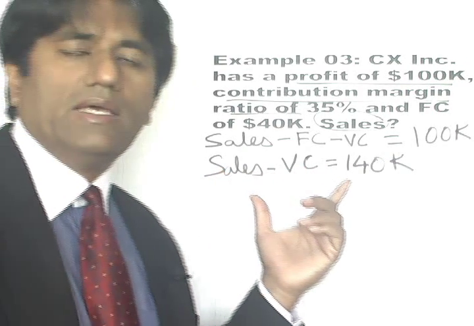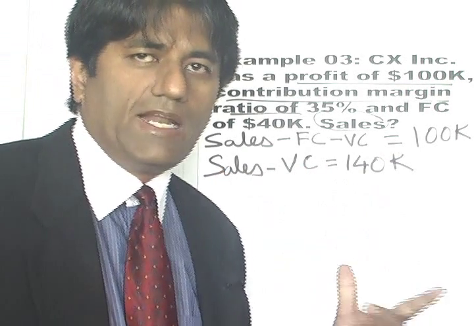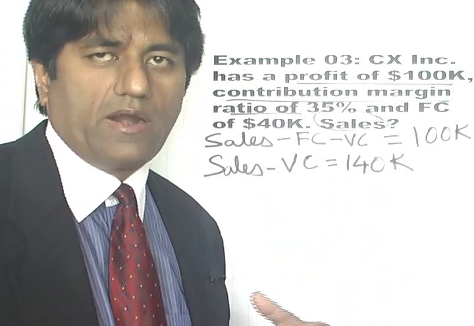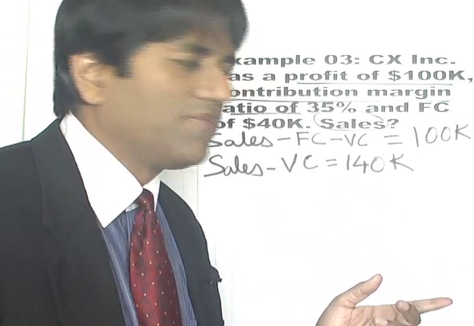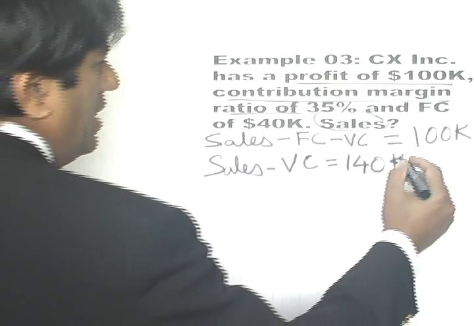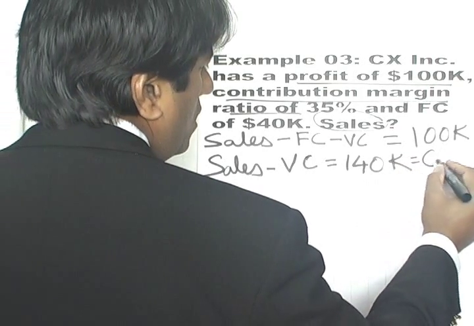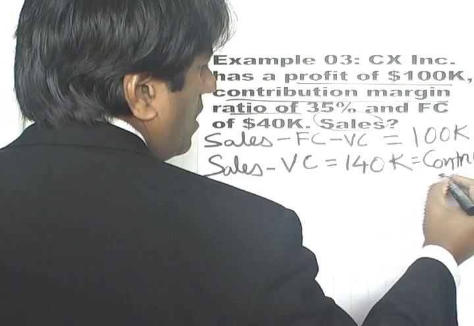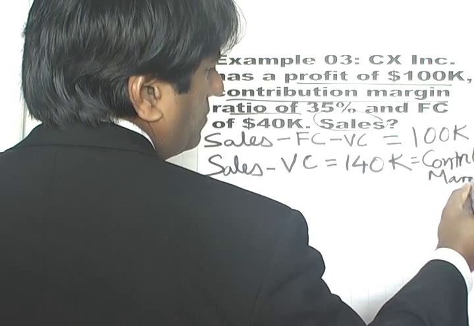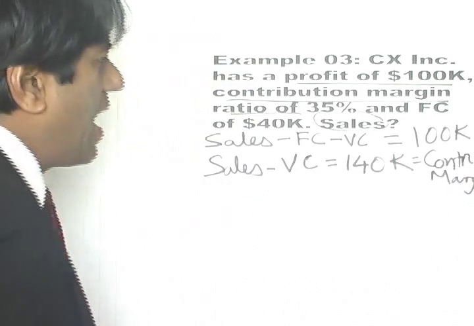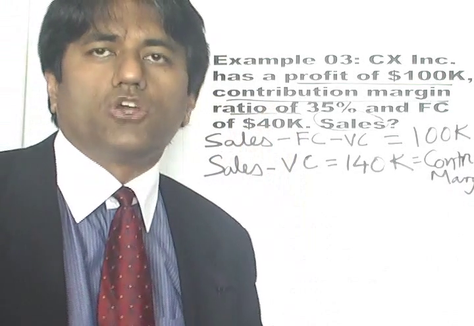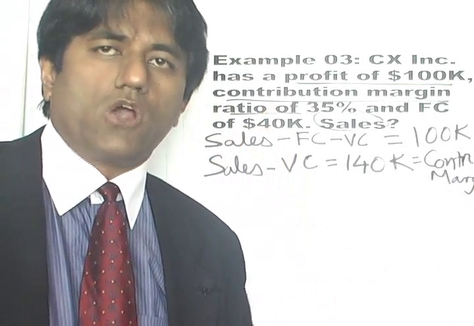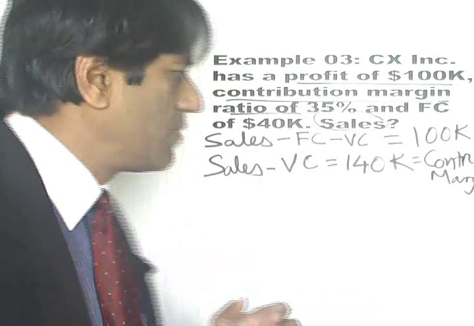Now sales minus variable cost is also variable contribution margin, aka contribution margin. So this is your contribution margin. And what is contribution margin ratio? Well, contribution margin ratio is contribution margin divided by sales.